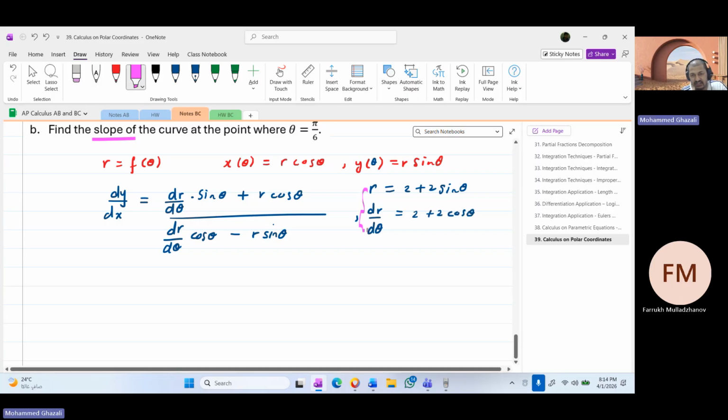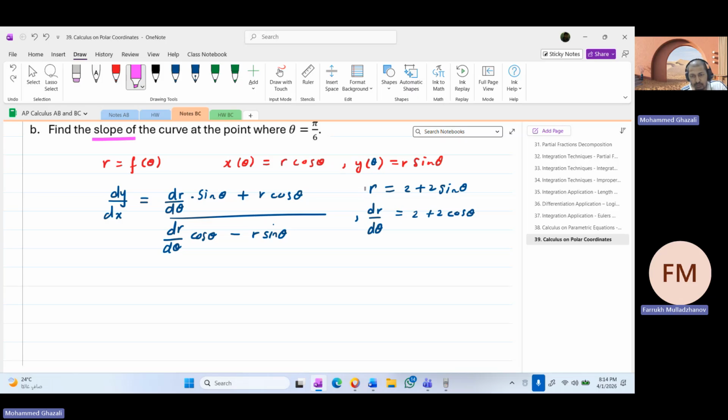Derivative of 2 is 0, so it's just 2 cos theta. Excellent. Now you need to substitute this inside here. So dr/d theta is 2 cos theta, times sine theta, plus r. What is r? 2 plus 2 sine theta.